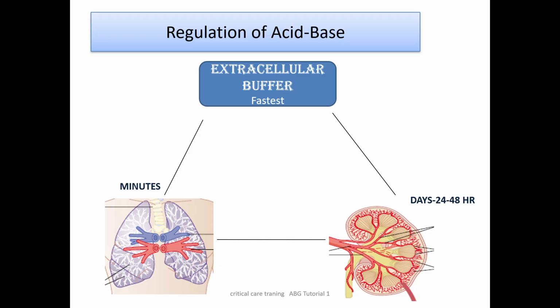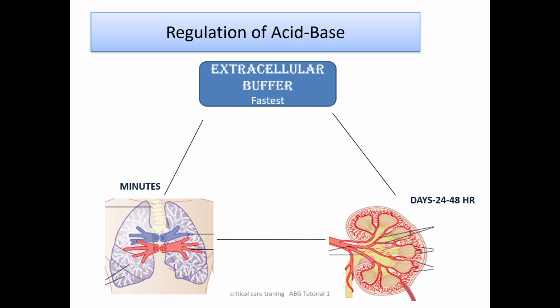So depending on this compensatory mechanism, in metabolic conditions the respiratory system compensates within minutes by blowing out the CO2, and in respiratory problems like respiratory alkalosis or respiratory acidosis, the kidney compensates, but it takes a little time, 24 to 48 hours. That's why we have acute respiratory acidosis without much renal compensation and chronic respiratory acidosis with renal compensation. Similarly, we have acute respiratory alkalosis without renal compensation and chronic respiratory alkalosis with renal compensation.